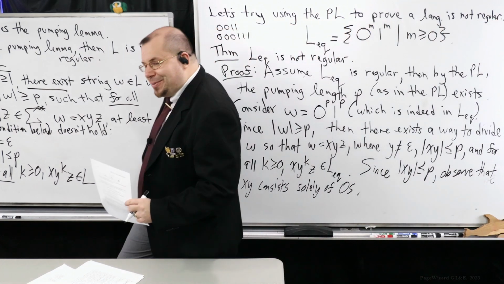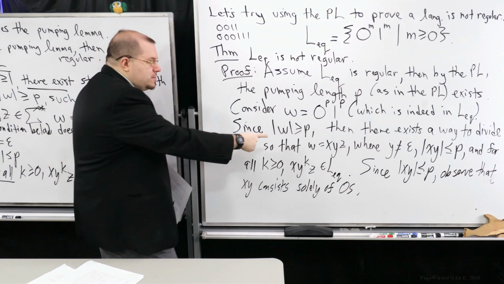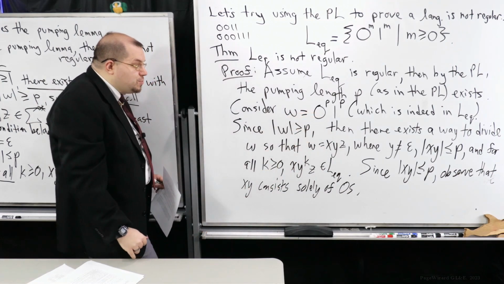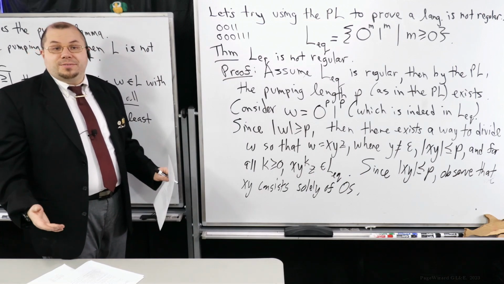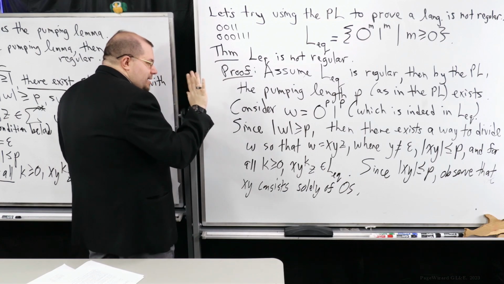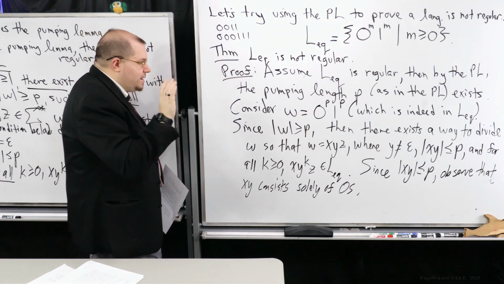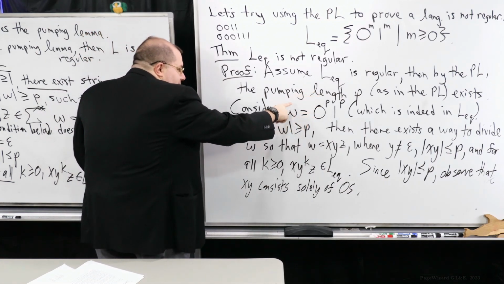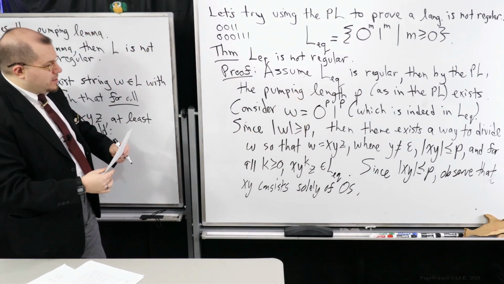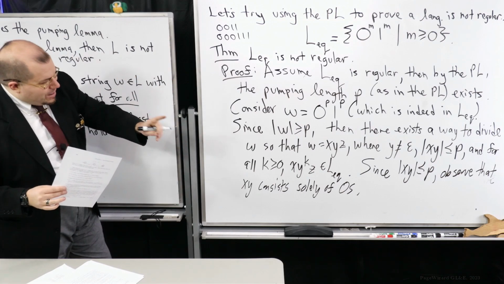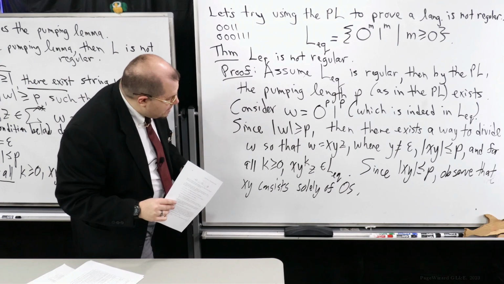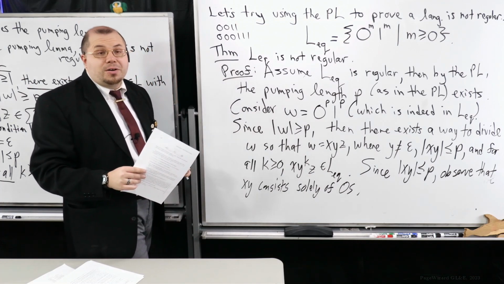But the first p symbols are all zeros. By that condition over there, that means xy is all zeros. As an aside, and I'll talk much more about this next time, how we pick this string plays a very big role in how we proceed in our argument. This is the main observation that will get us to our next step. So since this is at least p, observe that xy consists of all zeros.